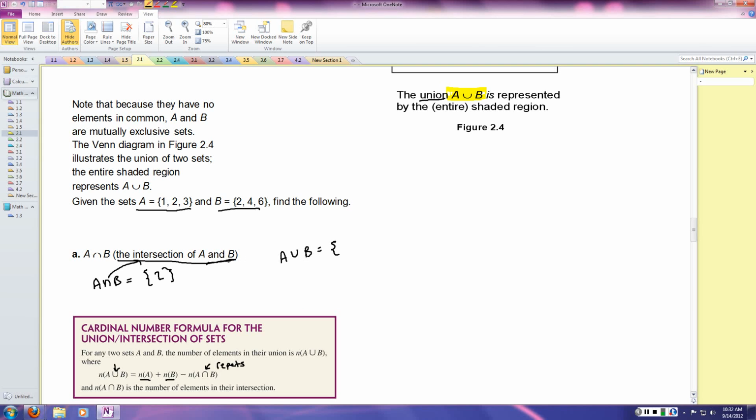So I like to think of this as in common, and this is that are in both. So I'd list 1, 2, 3, 4, and 6. Note, I don't list 2 twice. So do not list elements more than once.